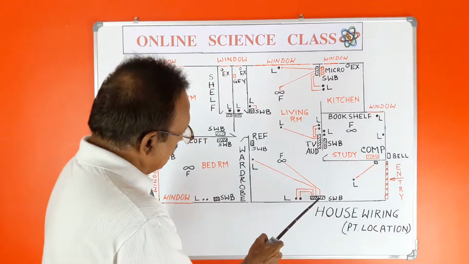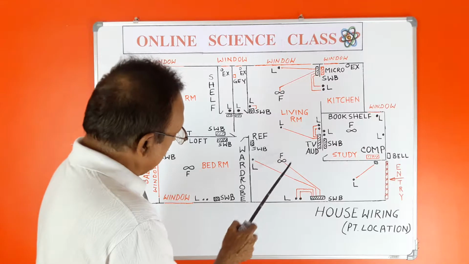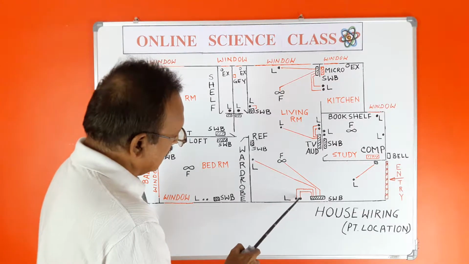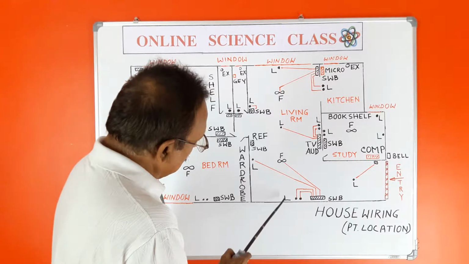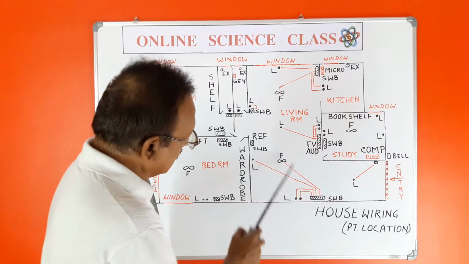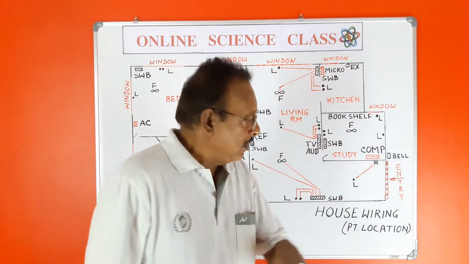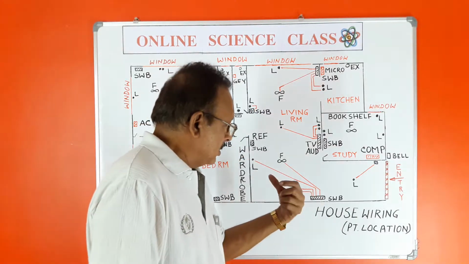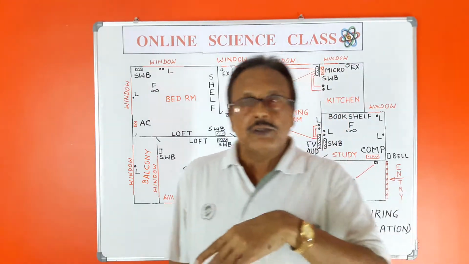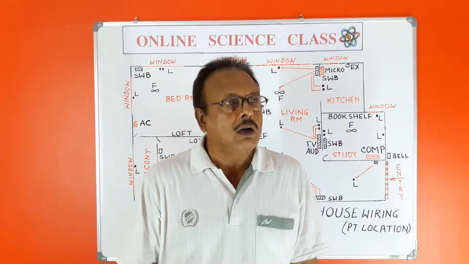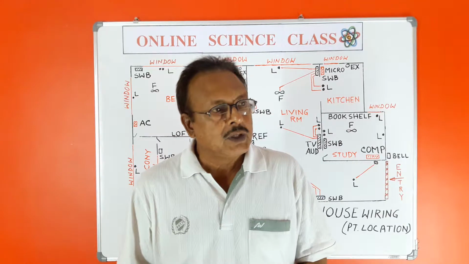From here, connection is given to this fan, this light. Here are two lights. That is, this fan and 1, 2, 3, 3 lights and 1 fan are controlled by this switch. And you also keep 1 or 2 plug points. It is required also.